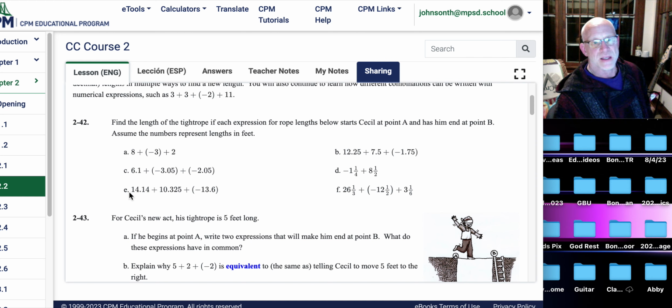What is the length if Cecil started at 0 and then went 14.14 and then added 10.325 and then came back 13 6/10? Finally, what if Cecil went 26 1/3, then came back 12.5, and then came forward 3 1/6?